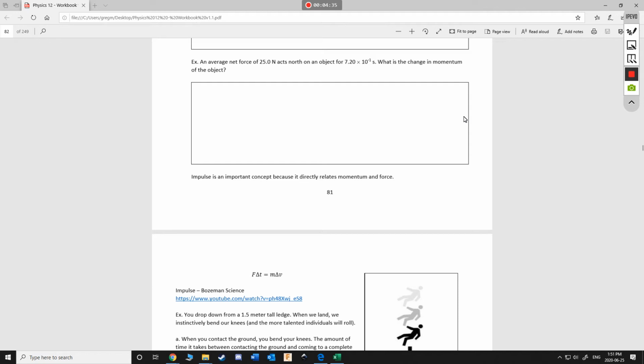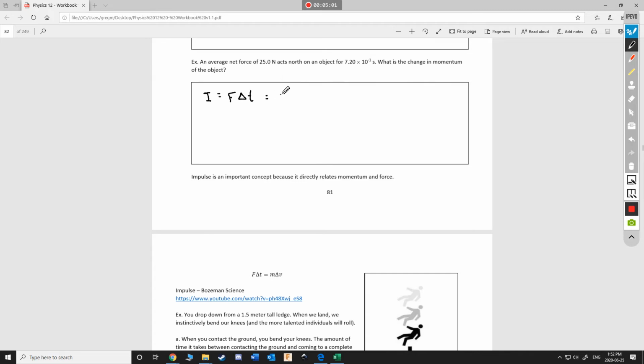An average net force of 25 newtons acts north on an object for 7.2 times 10 to the negative 1 seconds. What is the change in momentum of the object? The reason I put this one is because lots of times people forget that impulse is the change in momentum. So if we solve for impulse, it means we've also solved for the change in momentum.